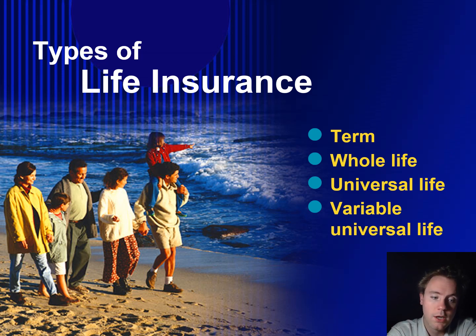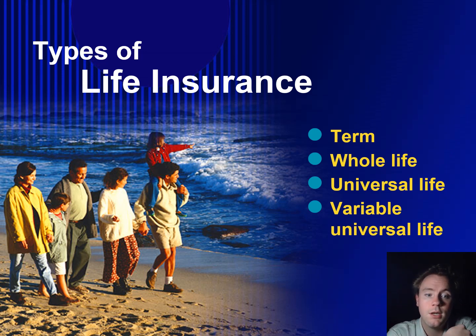Typically there are terms of 10 years, 15 years, 20 years, 30 years. I've even seen 35-year term insurance policies. But let's say I purchase a 30-year term insurance policy. So I'm 25. That means the insurance policy would last me until I'm 55. So that's the 30-year term, and that's $1 million coverage.